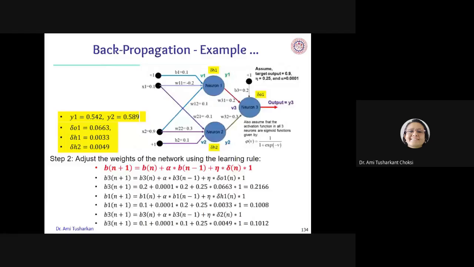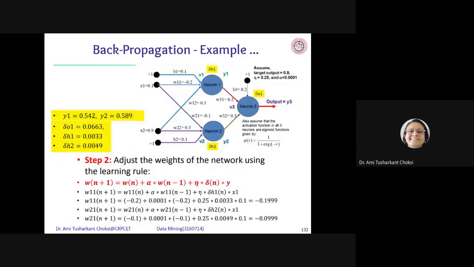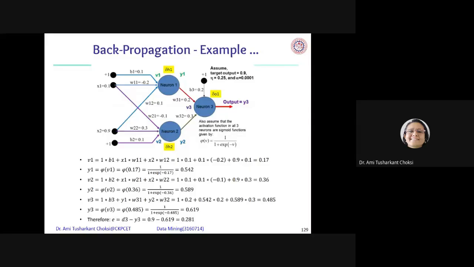The same thing I have shown you. These are the steps, right, what we have seen. This was the error we have found. Then after, what we have done, that was the V1, V2, V3, Y1, Y2 and error. All the things we have found, right?